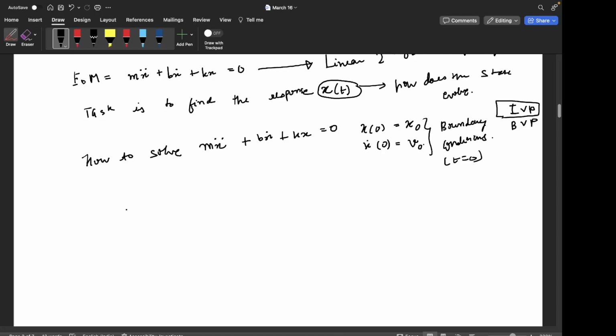Now the approach to solve this differential equation is that, and there is some reasoning behind it also, we make a guess of the solution, right? How do we make a guess?